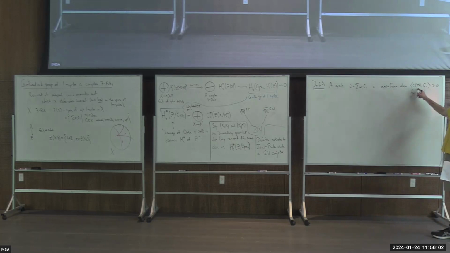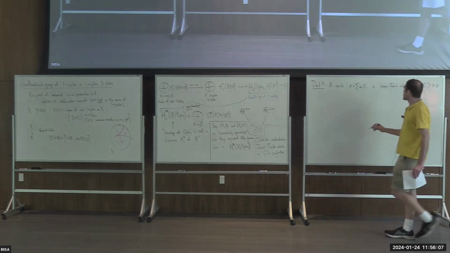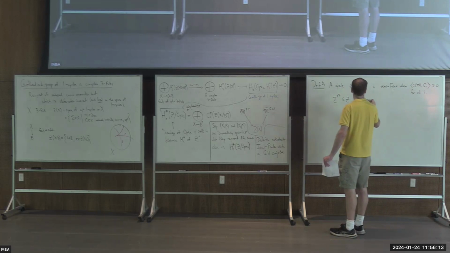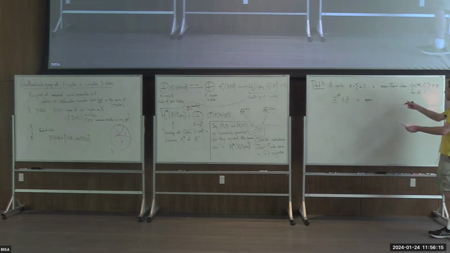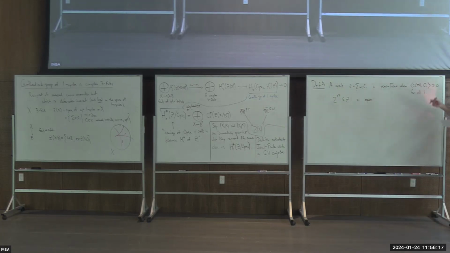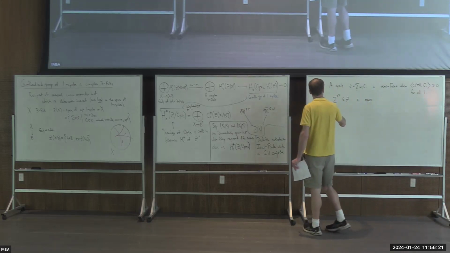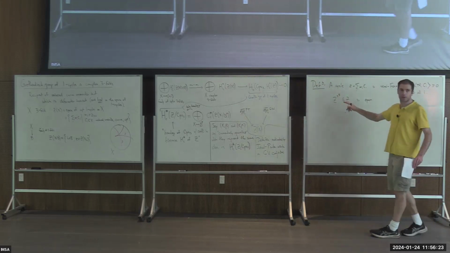So for example, if X is Calabi-Yau, its first Chern class is 0. So the semipositive cycles form a monoid. That's because if you add two semipositive cycles, all that happens is they add together. And so you can form the Grothendieck group of semipositive cycles.